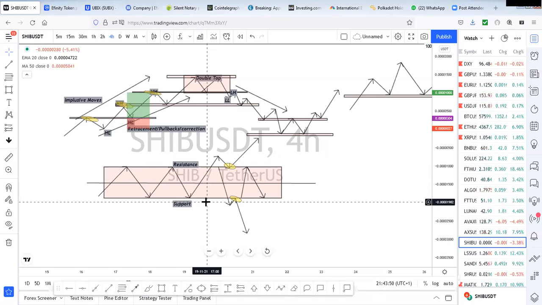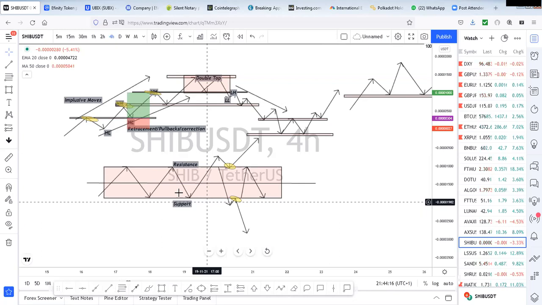But when one of the players decides to take control of the market, we will see a breakout of the support or the resistance. So when one of the players, be it the buyers or the sellers, decides to take control of the market, we will see a breakout.